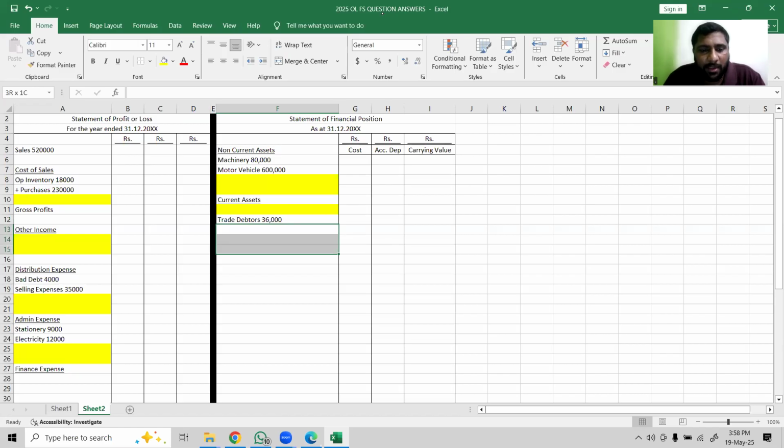We'll leave maybe another 2-3 lines, and we'll write the last. Or 2 lines is enough. The last current asset is cash. The last current asset should always be cash.